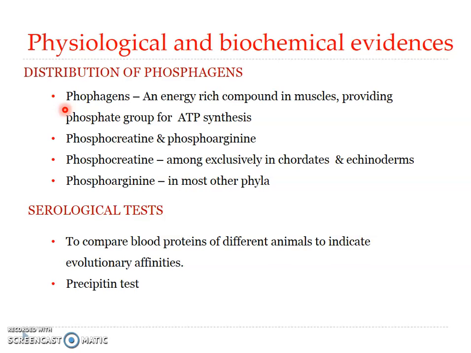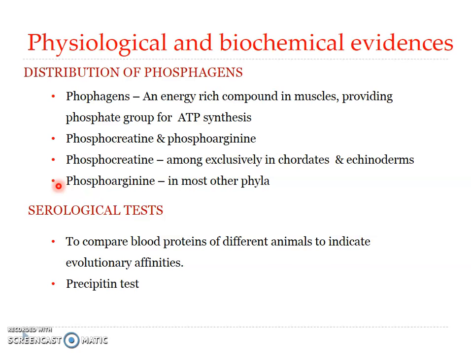However, it is given considerable support from the distribution of phosphagens. There are two types of phosphagens, phosphocreatine and phosphoarginine. Chemical analysis of muscles has shown that phosphocreatine is found exclusively among the chordates and echinoderms, and phosphoarginine in most other phyla.